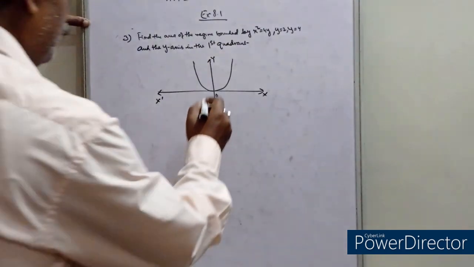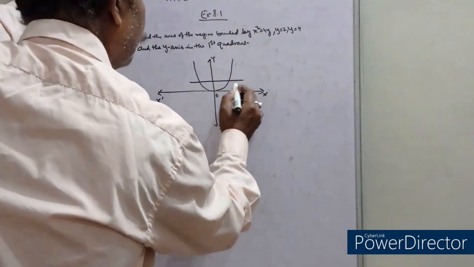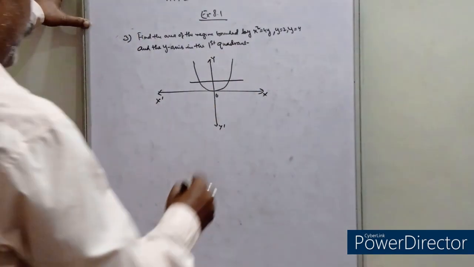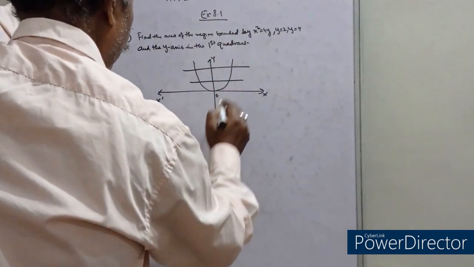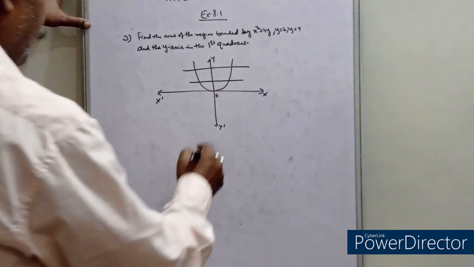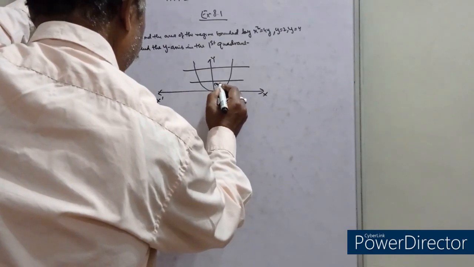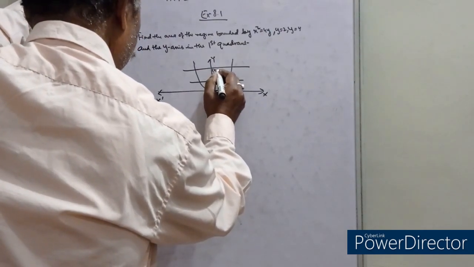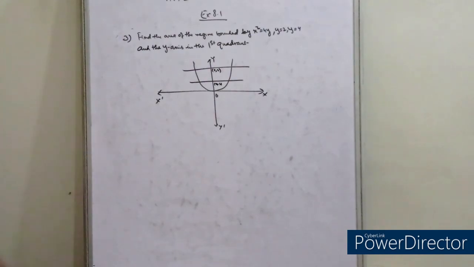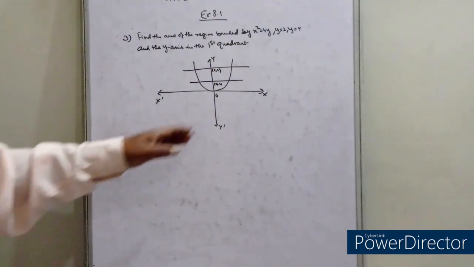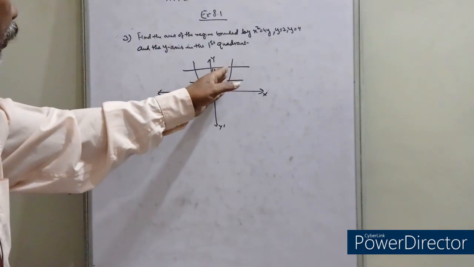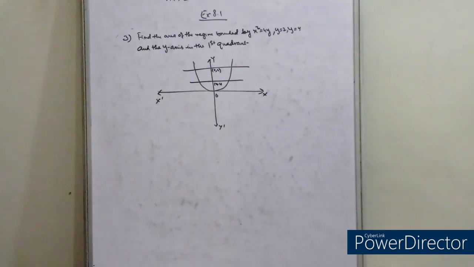So this is y is equal to 2, and this is y is equal to 4. So this is 0 comma 2 and this is 0 comma 4. And y-axis in the first quadrant, that means only this part you have to calculate.